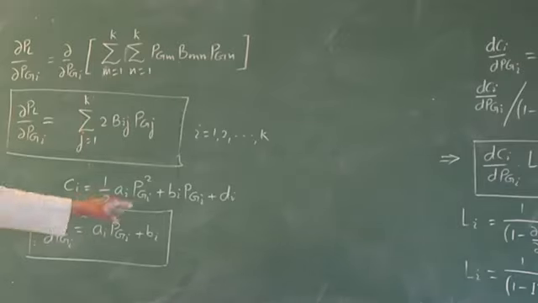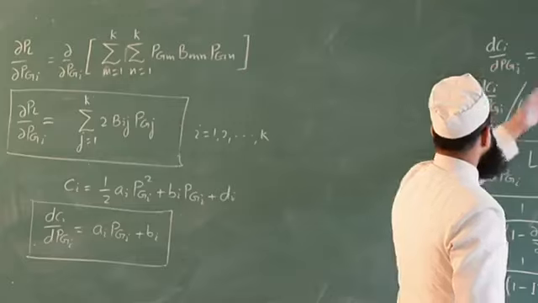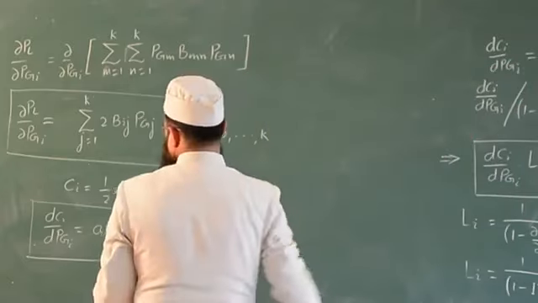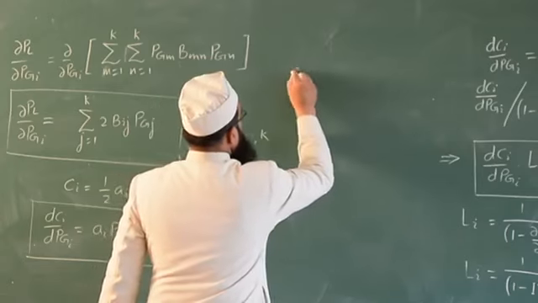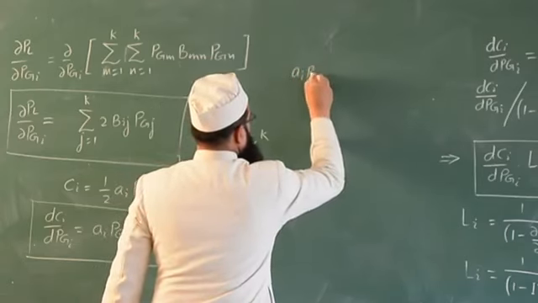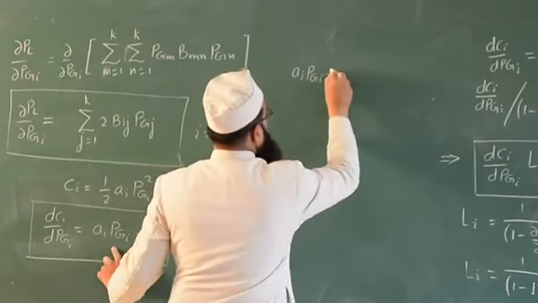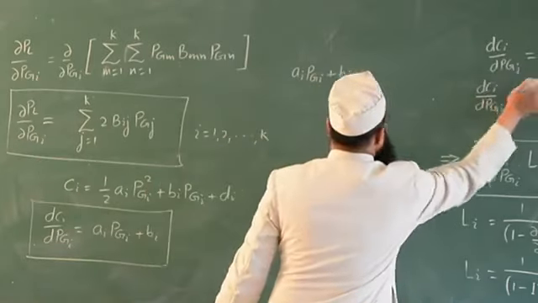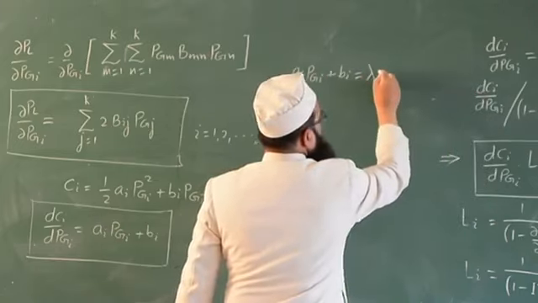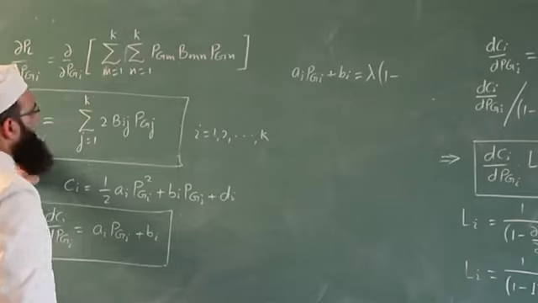Substitute these values in the coordination equation. We can substitute here itself. So we may write dCi upon dPGi, that is Ai PGi plus Bi, is equal to lambda times 1 minus del PL upon del PGi.